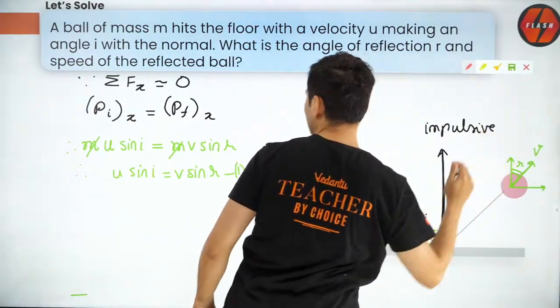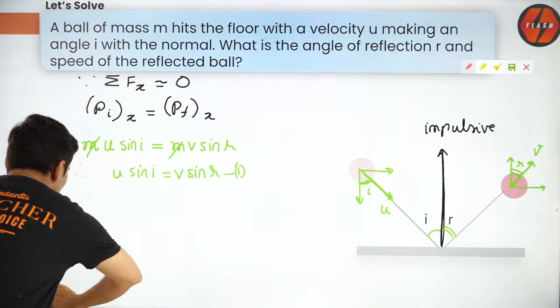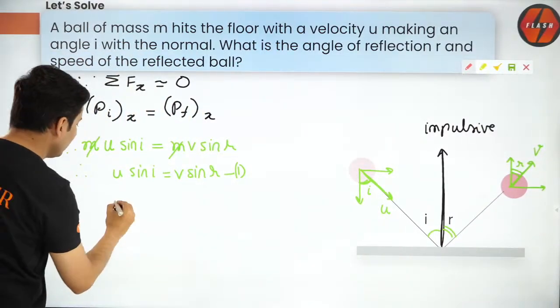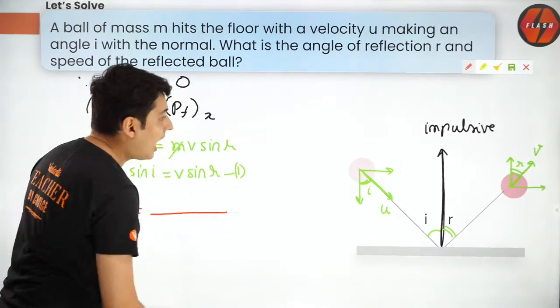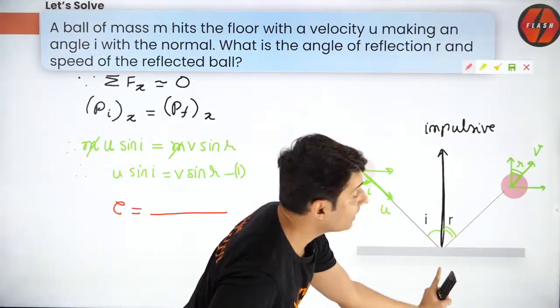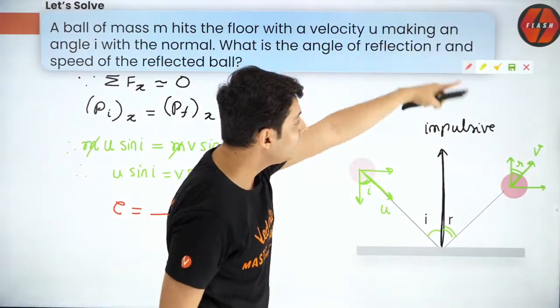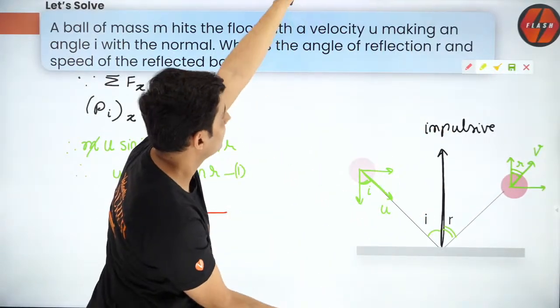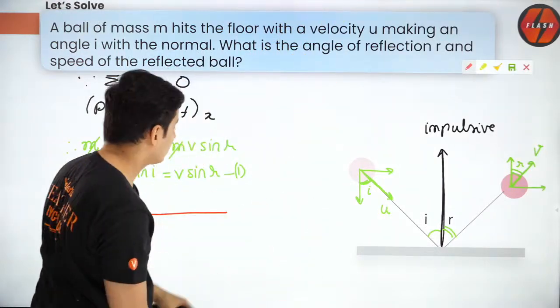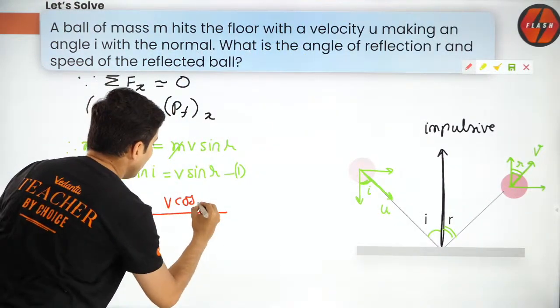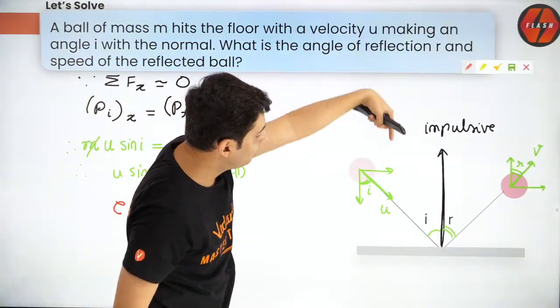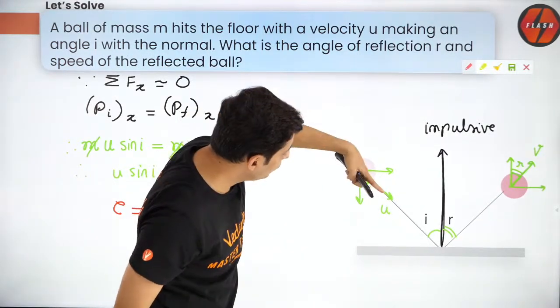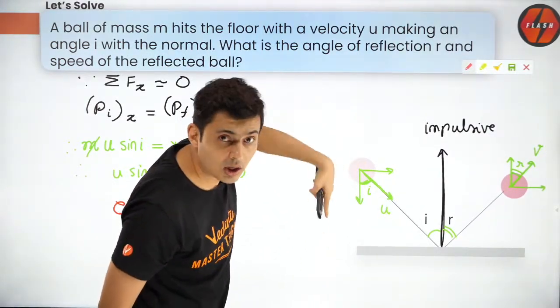So let's do this. What is the value of E? I do not know, but it is just E. So E will be, after the collision, what is the speed? V cos R. That's the relative speed from the surface, only in the direction of impulse. What is the speed before in the direction of impulse? U cos I. That's the cos component.